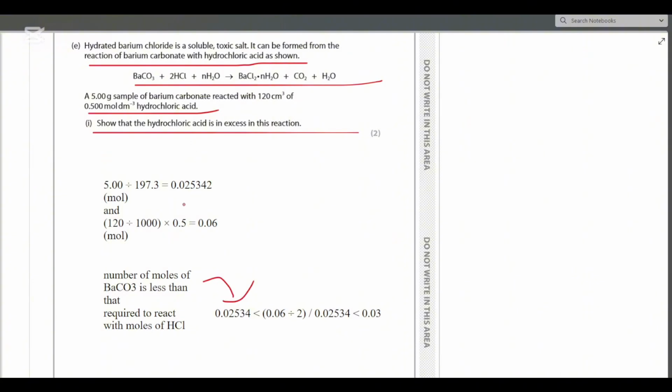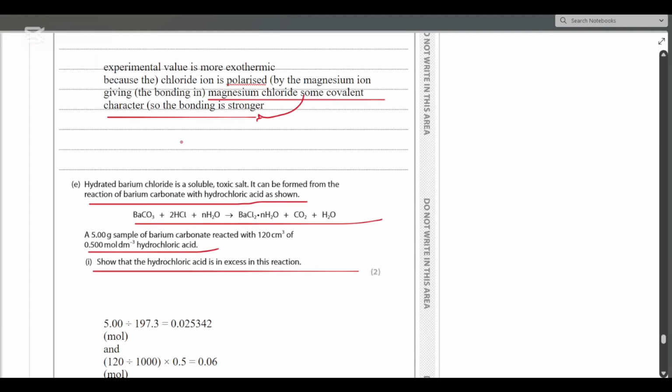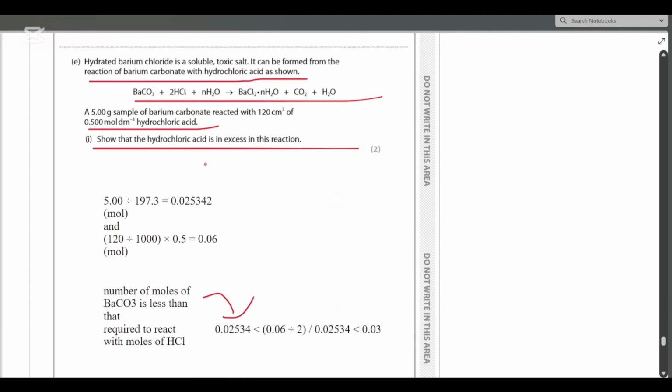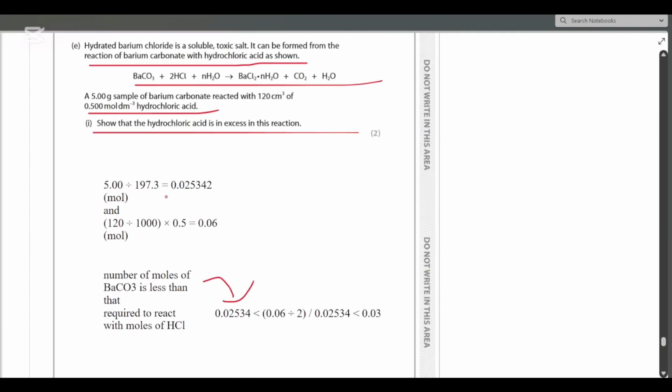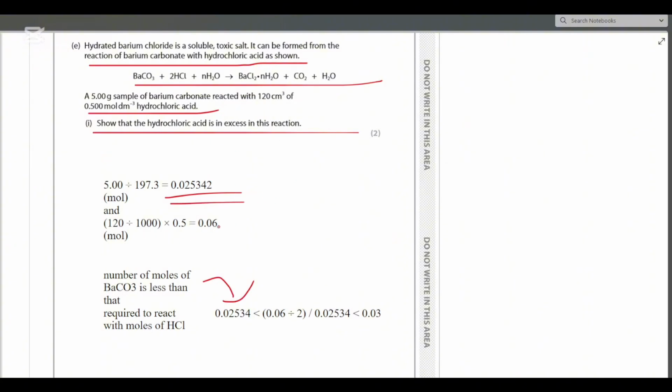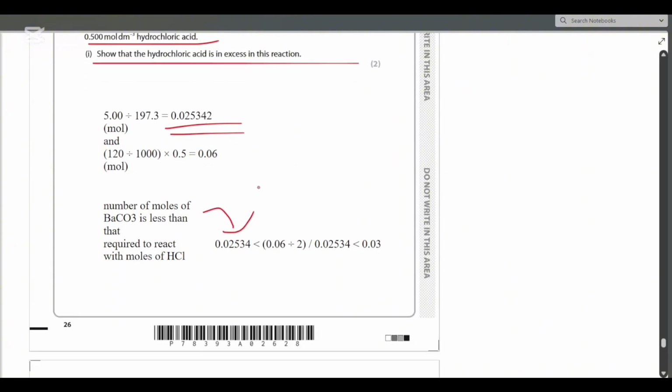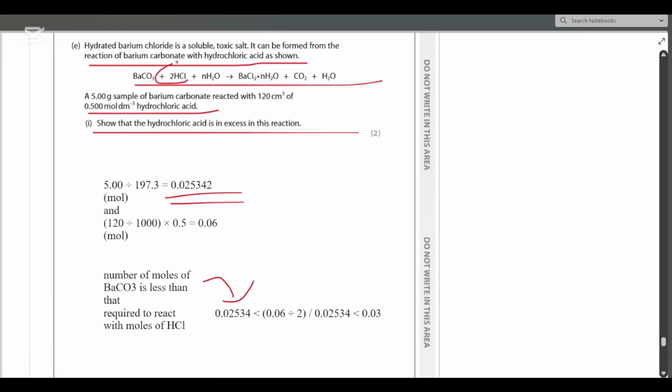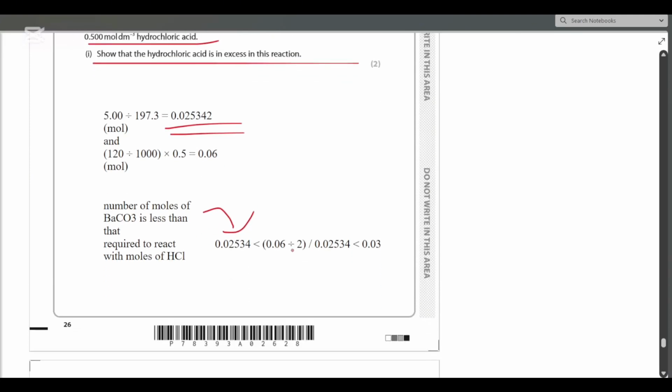At first, let us find the number of moles of barium carbonate. We know that 5 gram of barium carbonate reacted, so you can just divide it by its molar mass and find the number of moles, and then you can also calculate the moles of hydrochloric acid. Since there are 2 moles, you have to divide by 2 in order to get 1 mole.